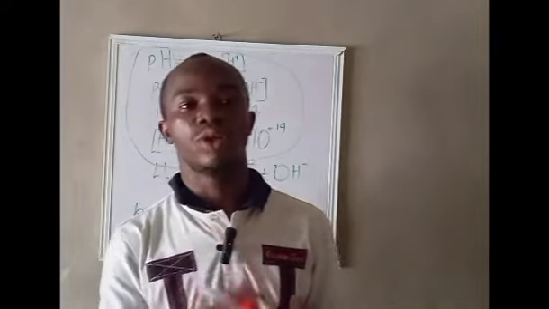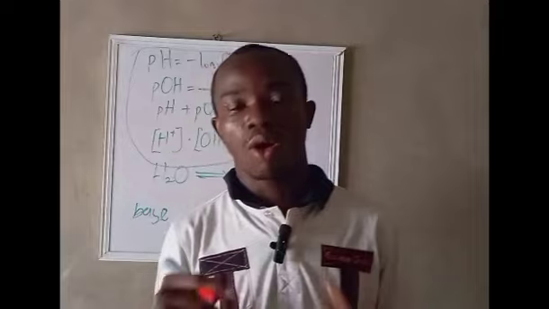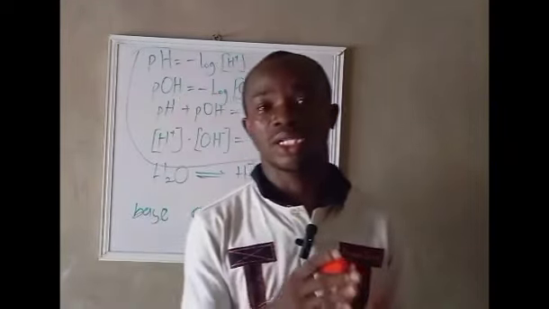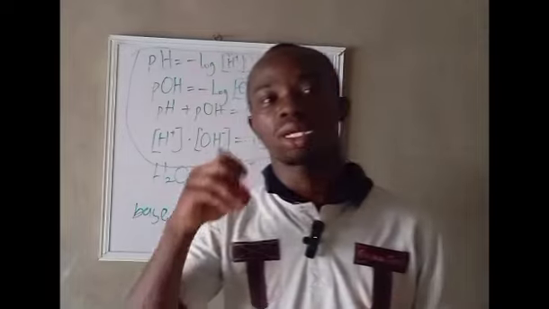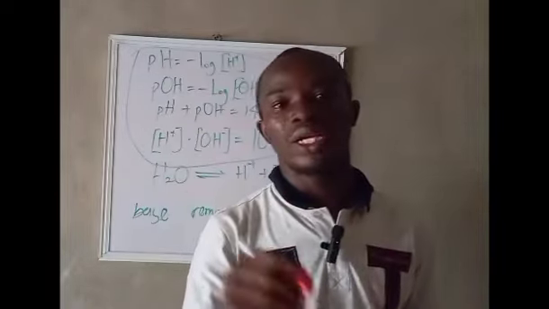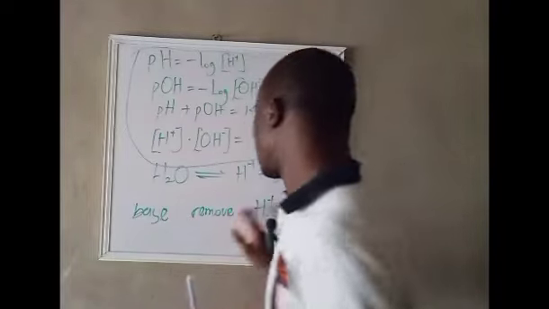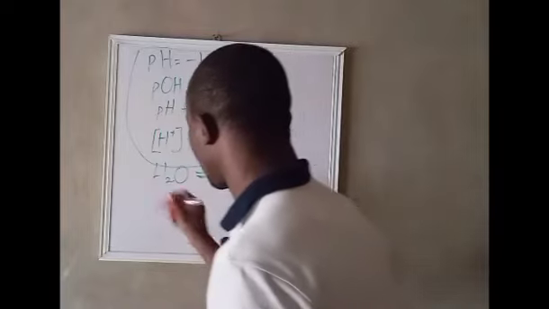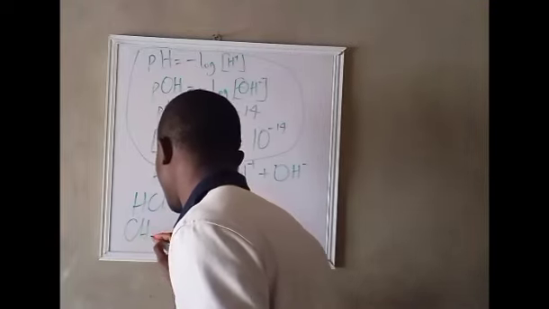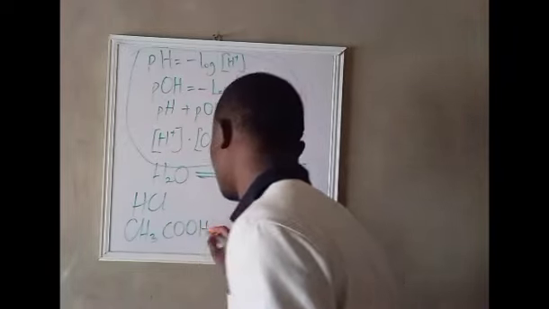a weak acid will not give us all the H plus it can produce, so it will partially dissociate. But a strong acid will produce all the H plus that it can produce. An example of that can be seen in HCl and acetic acid, CH3COOH.